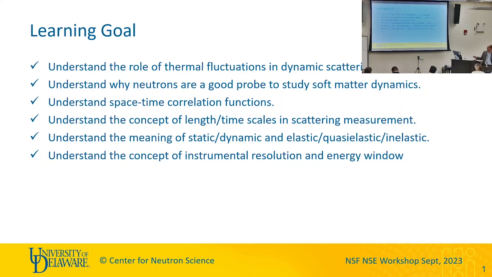So you will need to learn about the role of thermal fluctuations, why we are deciding to use neutrons as a probe to investigate this thermal fluctuation in nanoscopic range, understand space-time correlation function, the concept of length and time scale, static, dynamic scattering, elastic, quasi-elastic, and inelastic scattering, and finally understand the concept of instrumental resolution and energy window. If this looks like a lot to you, it's because indeed that's the case.